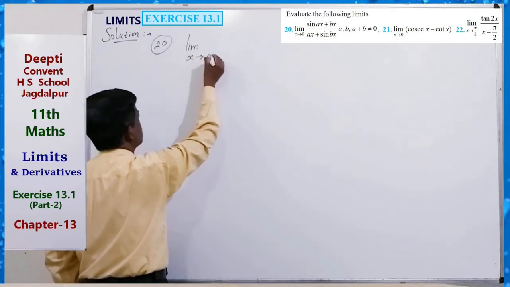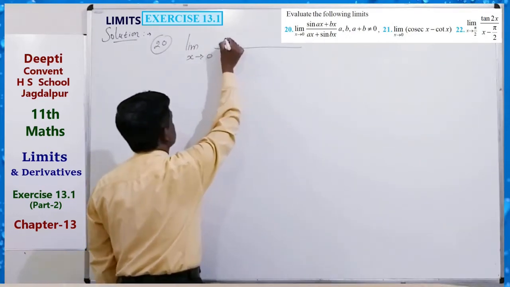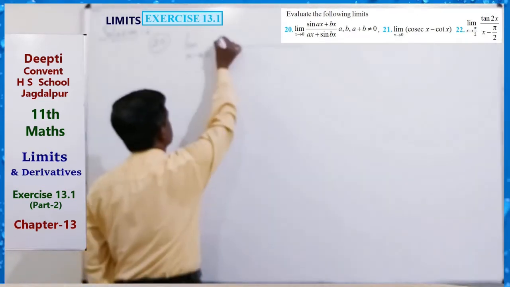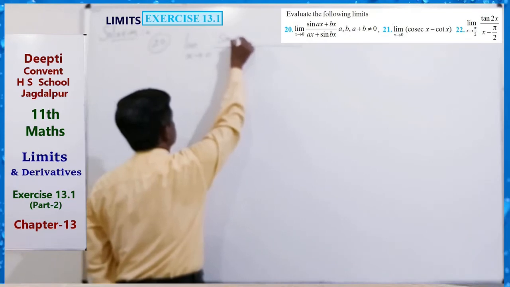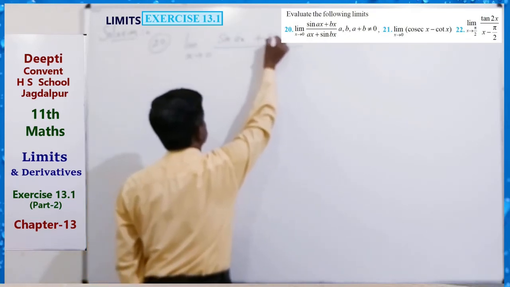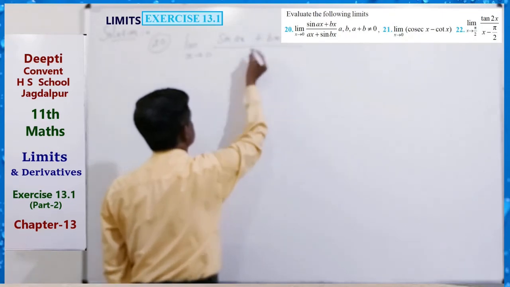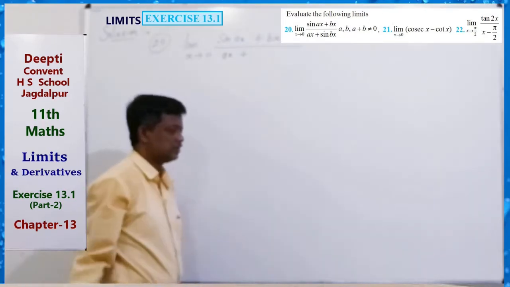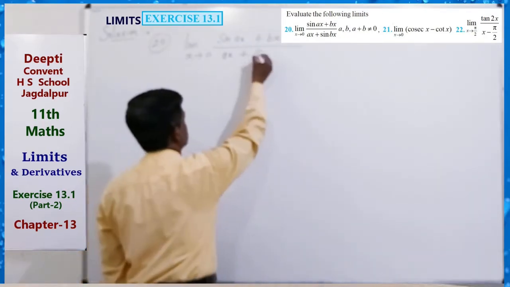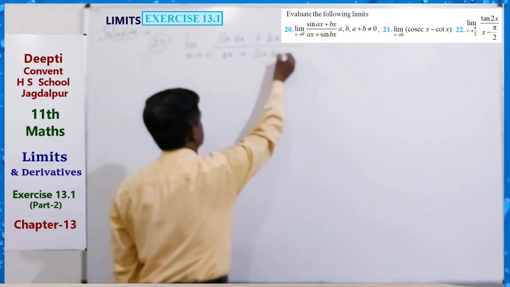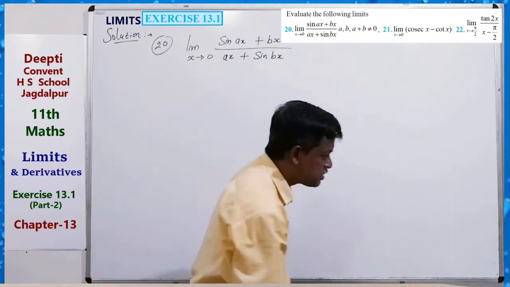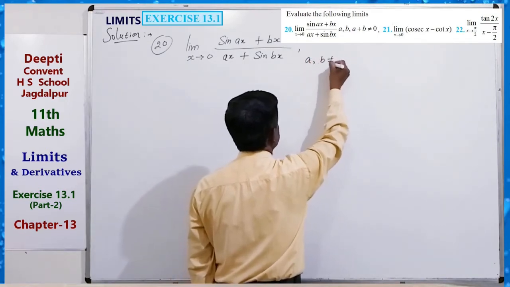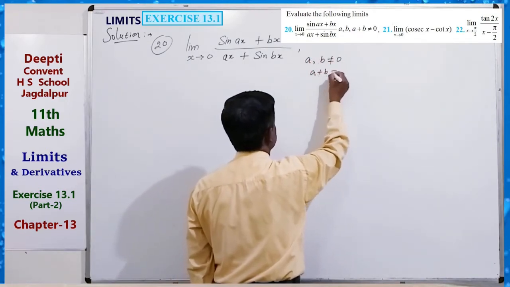Limit x tending to 0, sin ax plus bx upon ax plus sin bx, and ab is not equals to 0, also a plus b is not equals to 0.